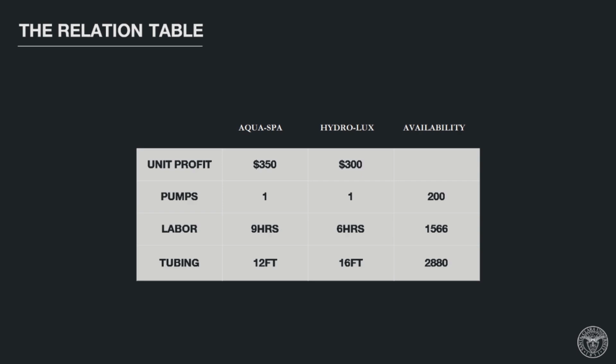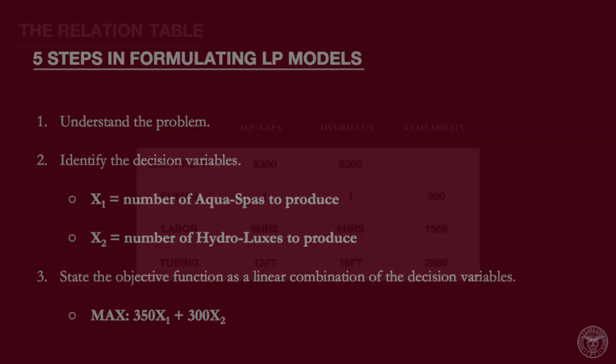We have 9 hours of labor each, so 9 times A plus 6 times H will be less than or equal to 1,566. For the tubing, we have 12A plus 16H less than or equal to 2,880.